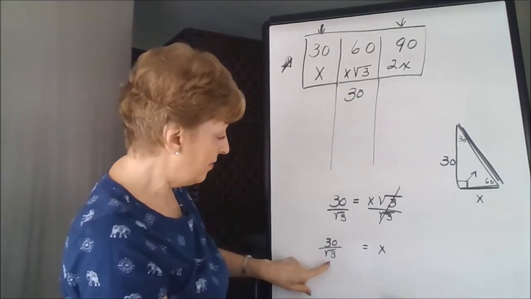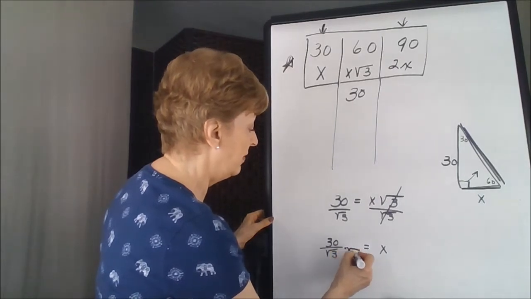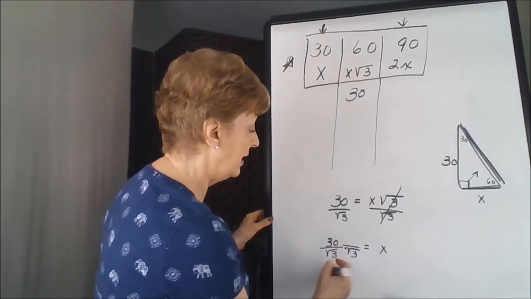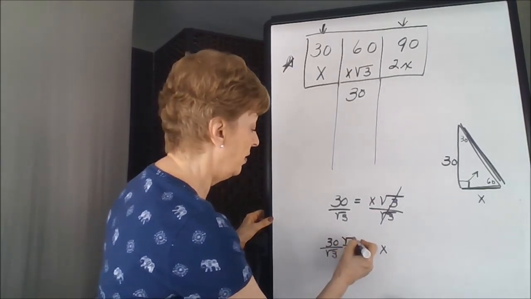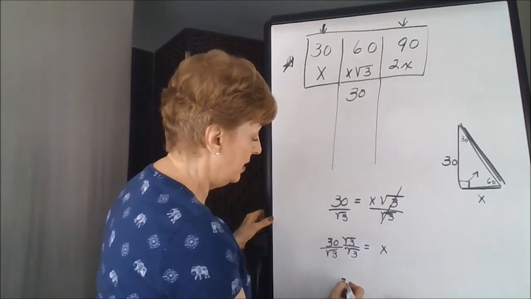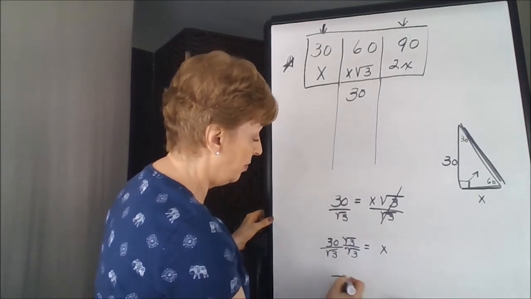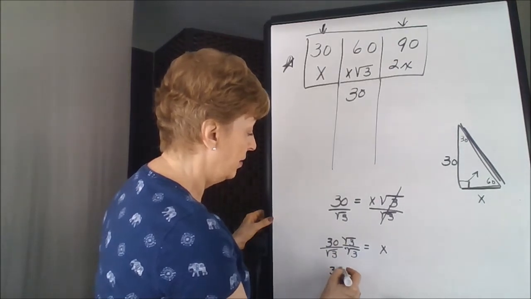We can't have a radical in the denominator, so we're going to have to get rid of it by multiplying by the same. So we're just going to do a mirrored image there. So this becomes 3, the whole number 3. And the top, the numerator, is 30 radical 3.